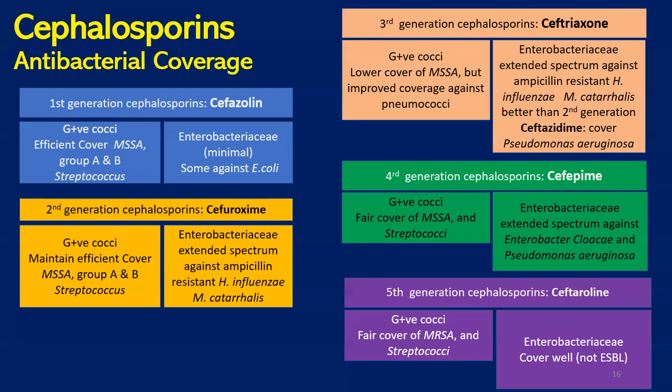It covers well the gram-positive cocci, retaining the same activity against staph, including the methicillin-sensitive Staphylococcus aureus, which ceftriaxone and ceftazidime were not very reliable in treating. It has expanded activity against the gram-negative, which includes Pseudomonas aeruginosa and Enterobacteriaceae.